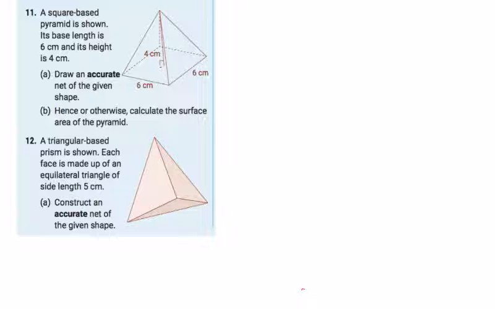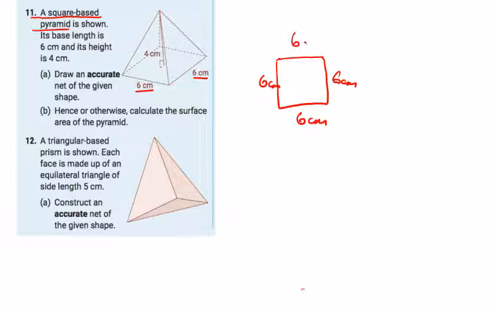Okay, so we're asked to draw an accurate net of this 4-sided square base pyramid. So we have a square base. Each side of the base is 6 centimeters. 6 cm all the way around.